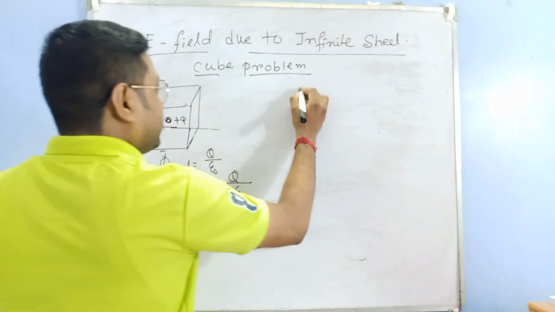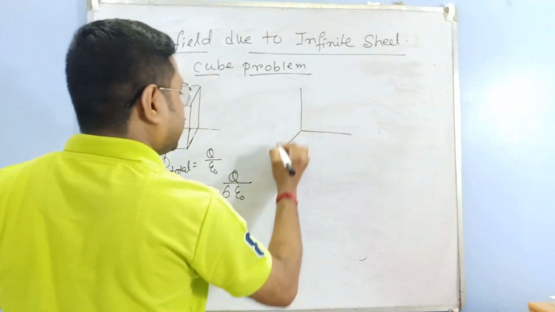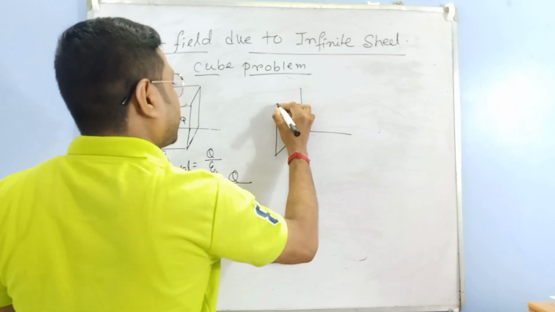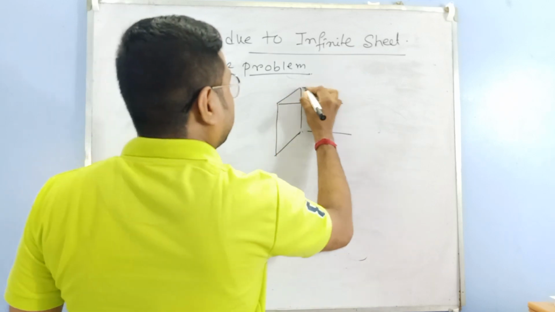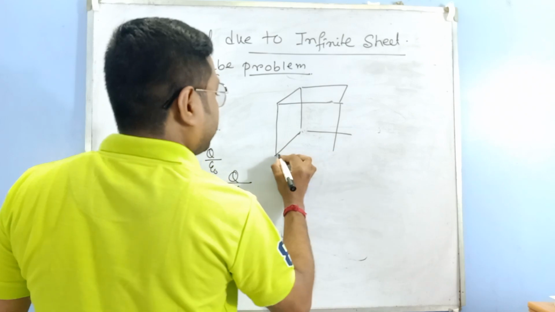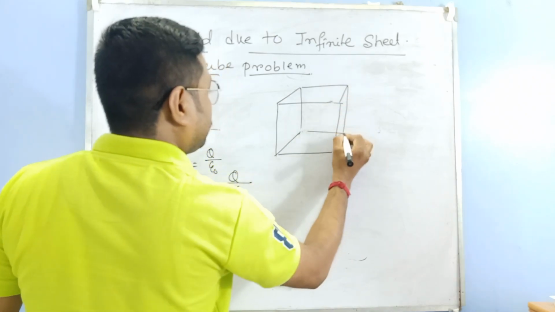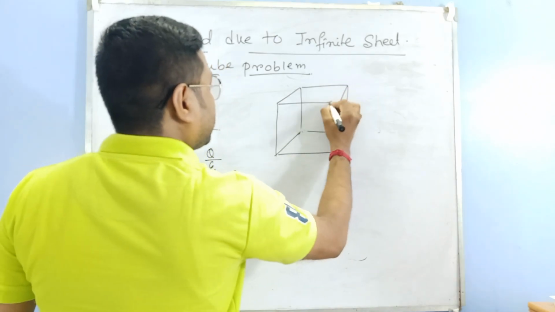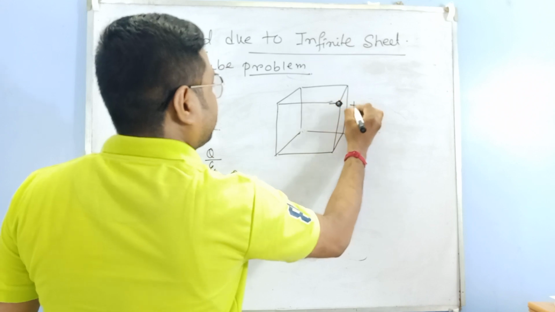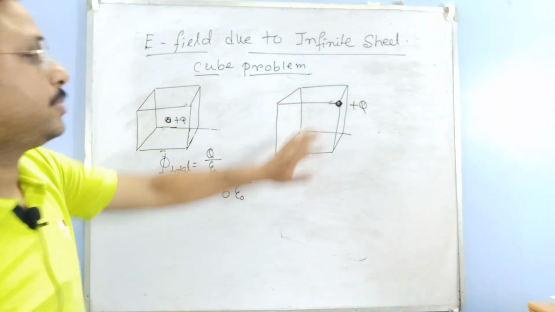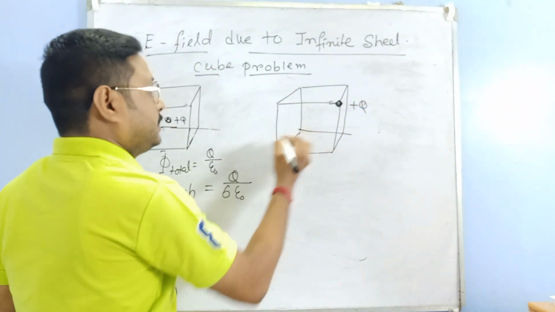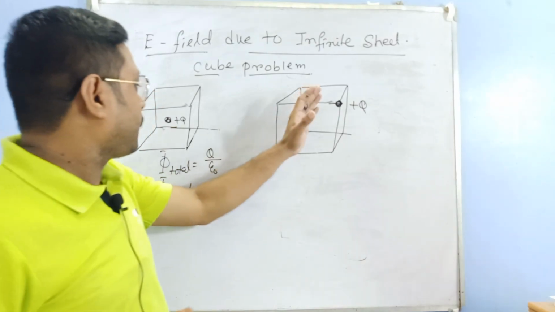Now if this charge is placed at one of its vertices or corners, then what will be the total flux? Suppose a charge plus q is placed at this point, one of its vertices.